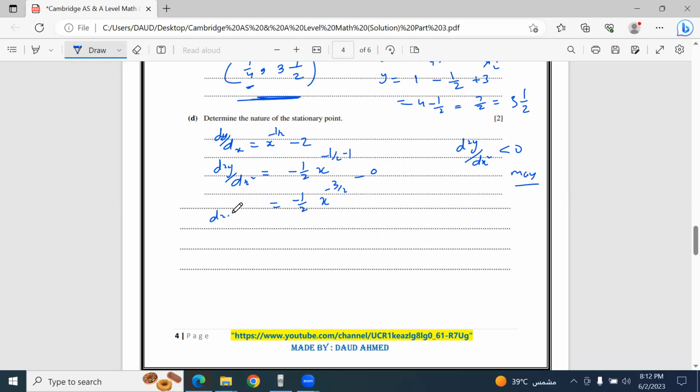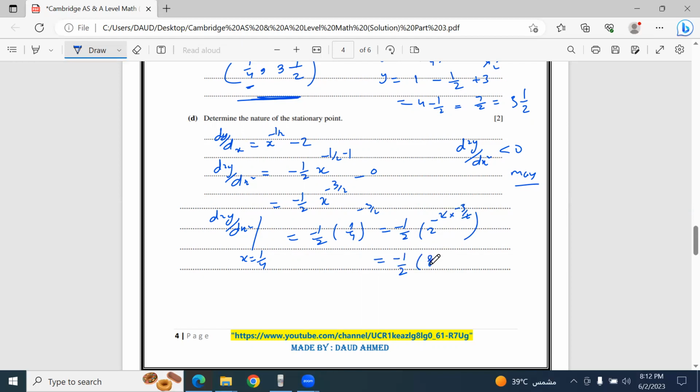So we will see here d square y over dx square at x is equal to 1 over 4 is minus 1 by 2 times 1 over 4 power minus 3 over 2. If we simplify more, it gives me 2 power minus 2 multiplied by minus 3 over 2, so cancel 2 and 2, minus 1 over 2. Minus minus also plus.